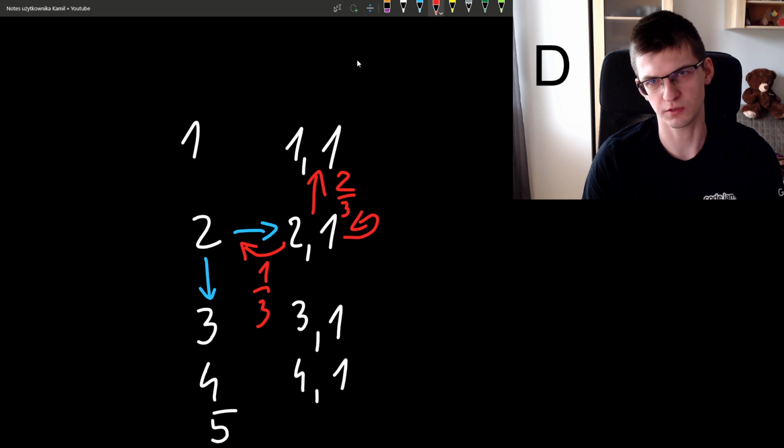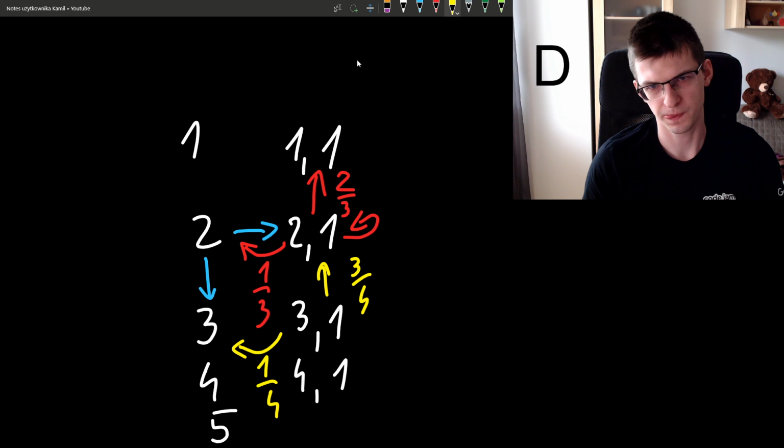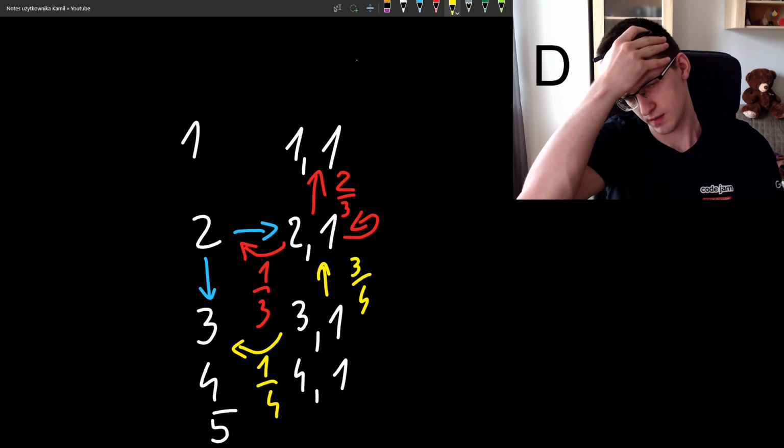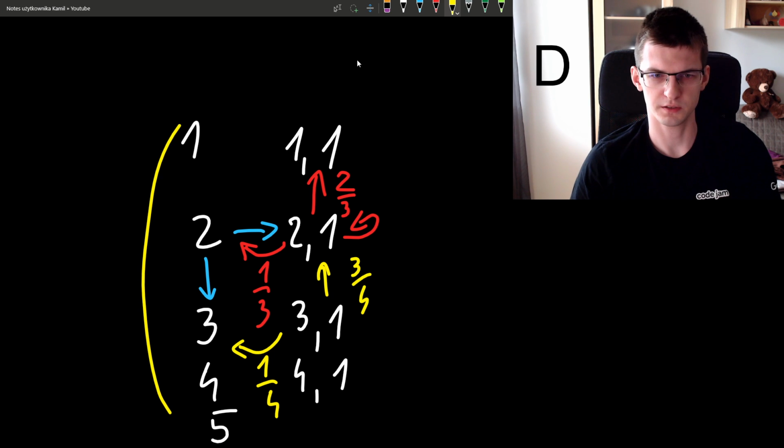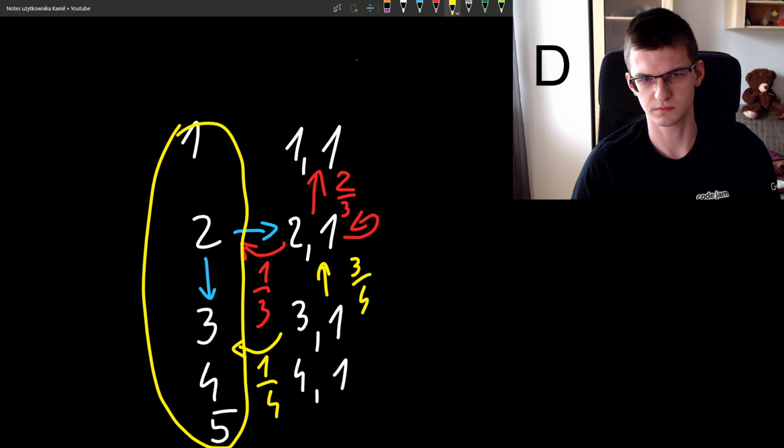Then probability to move here up is 3/4, and this is 1/4. The product of those will nicely cancel. And maybe I can just move between those states.